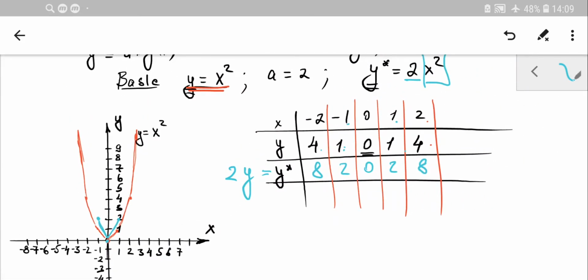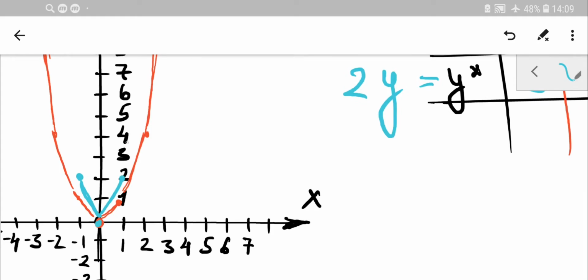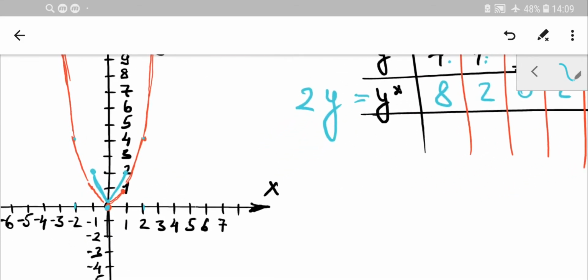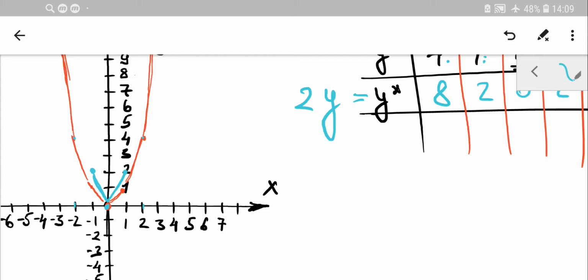For 4, which we have for the previous function y, it's here, those points. Now for y star, instead of 4, we'll get 8. That's for x = -2 and 2. So we take 2 and -2, and instead of 4, we rise pretty high. For 2 it's here, and for -2 it's somewhere around here.